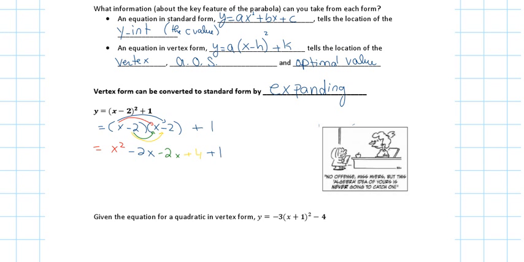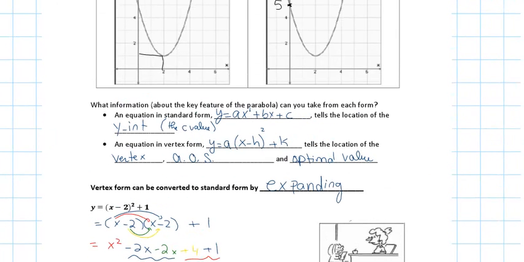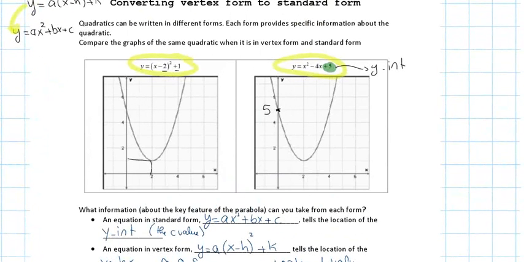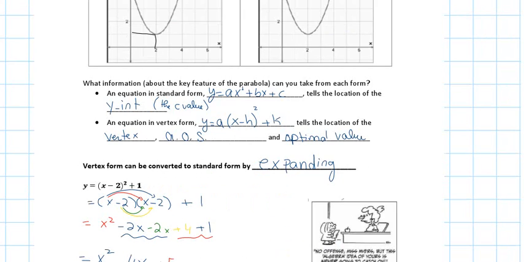These two give me negative 4x, and these two give me plus 5. So x squared minus 4x plus 5. I got the right answer.